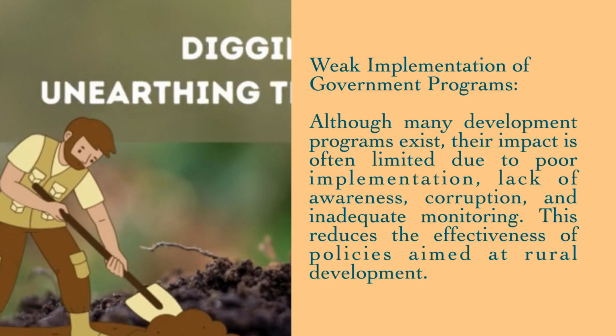Various studies suggest that these developmental initiatives are not adequately or properly implemented, or if at all implemented, they are not properly monitored in the rural areas, and therefore these policies are left redundant. The effectiveness of these policies is not realized, and therefore it hinders the process of rural development.